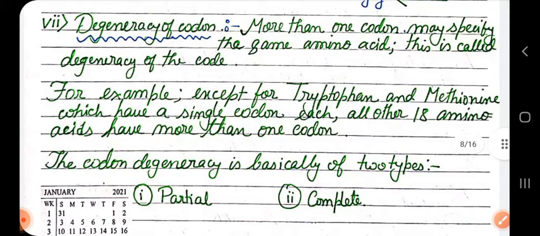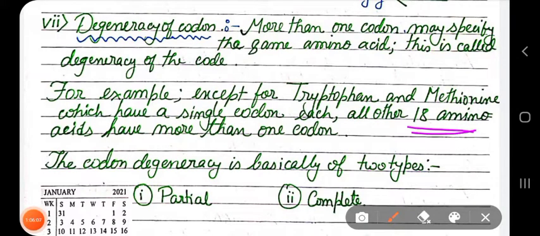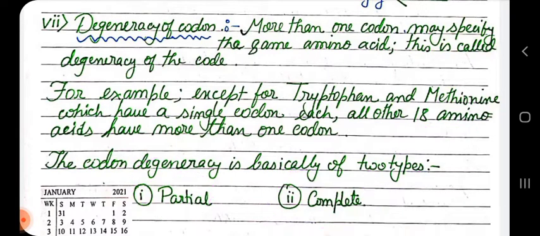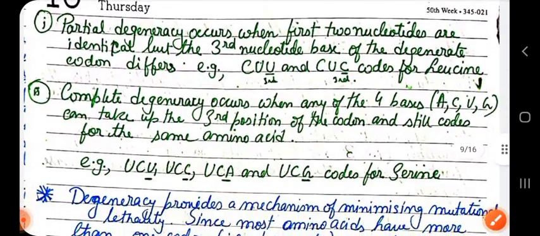Except tryptophan and methionine, all the other 18 amino acids have more than one codon, right? And the codon degeneracy is basically of two types. One is partial degeneracy, another one is complete degeneracy. Let us see the partial and complete degeneracy.